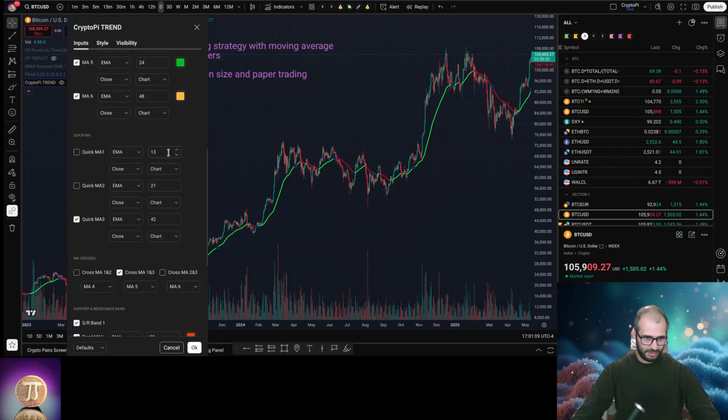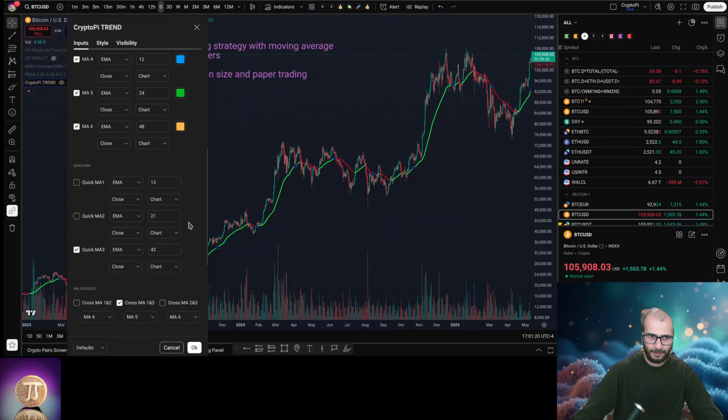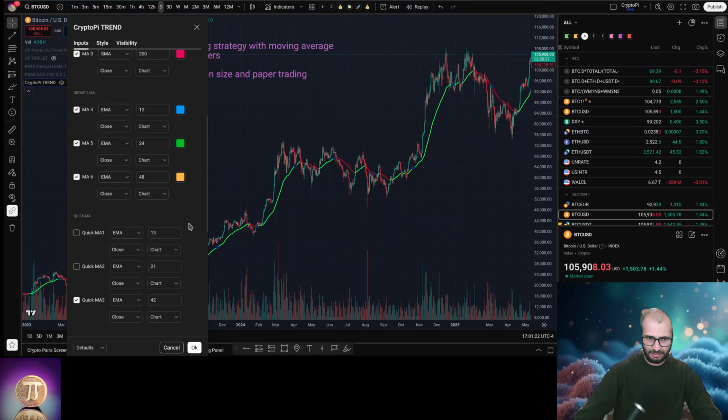We can use 13, 21, 40, 42, or one can use 15, 20, 45. It depends upon the asset, it depends upon the trading style, and it depends upon what the community usually follows, or a general rule or a set of unwritten rules which a community follows.